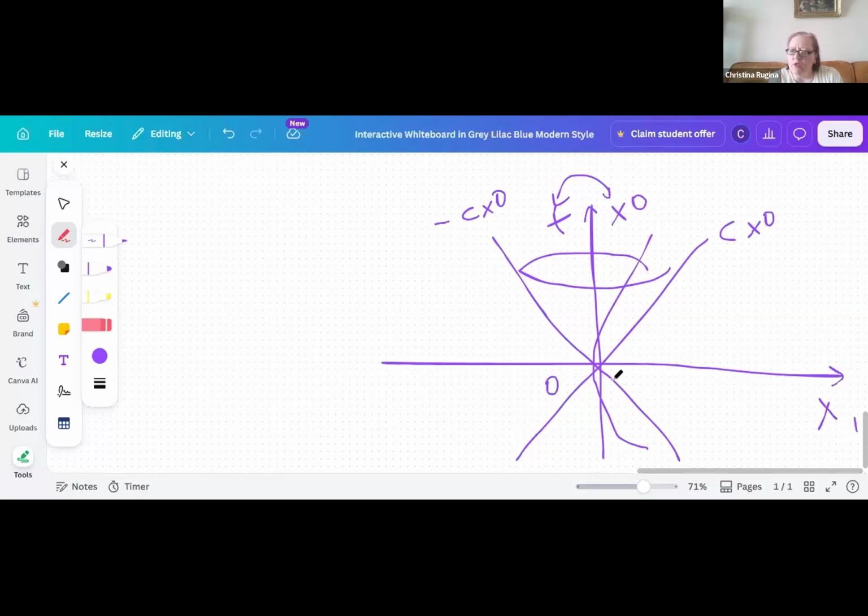And so everything has to stay within the light cone because their speeds are less than the speed of light.